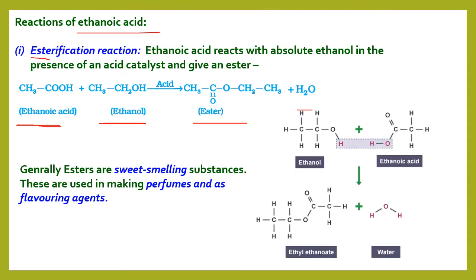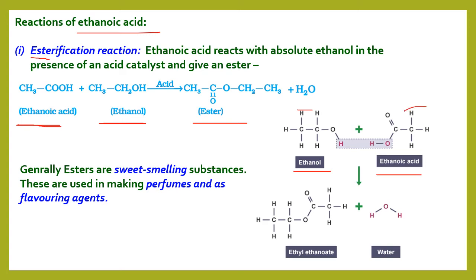Here is the reaction, and after looking at this, you will be clear how the bonds are breaking and how new bonds are forming. Okay, that is ethanol, CH3CH2OH, and that is ethanoic acid, CH3COOH.